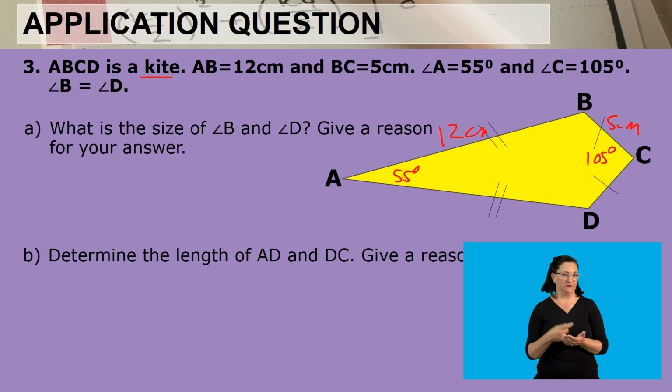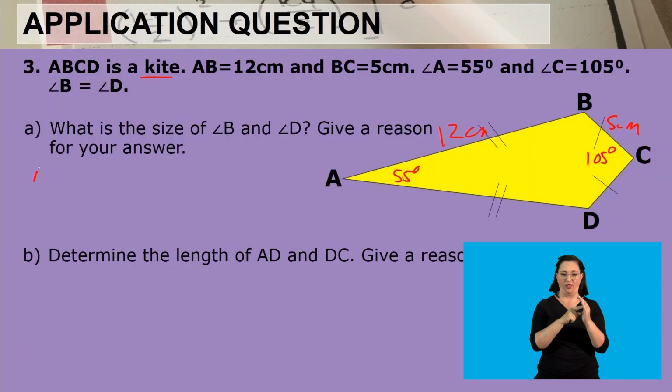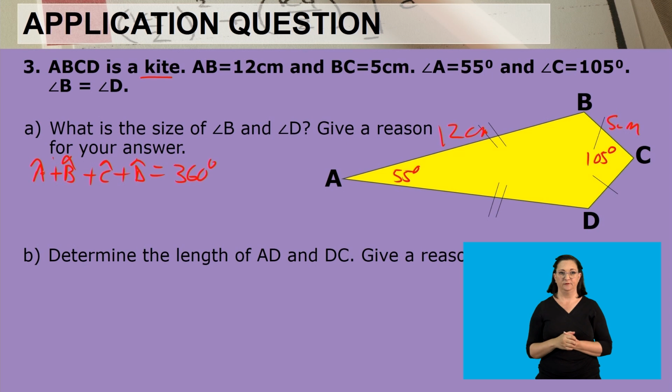Now we know that this is a quadrilateral, which means all four angles added together should give us 360, so we'll just add all of them. So angle A plus angle B plus angle C plus angle D would give us 360 degrees, and these are angles of a quadrilateral. Then A we know is 55 degrees.